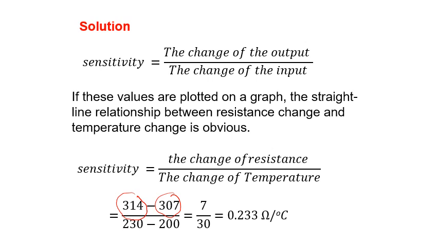That is caused by the temperature change from 200 to 230, so 230 minus 200. So it's equal to 7 over 30, which is equal to 0.23 ohm per degree Celsius. That's the meaning of sensitivity: a value telling me how the output will change as the input changes.